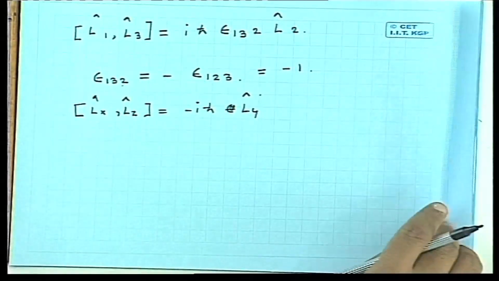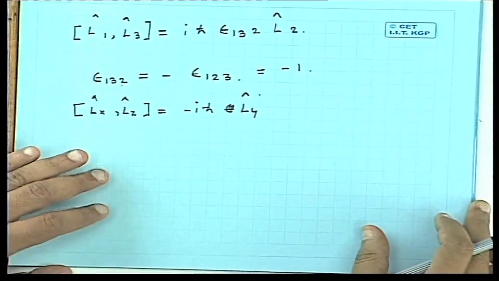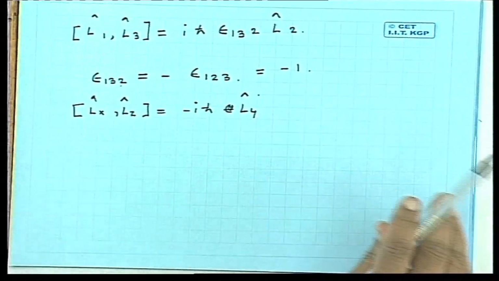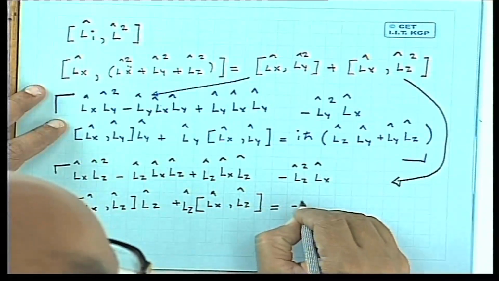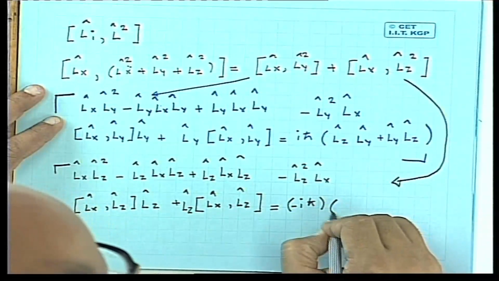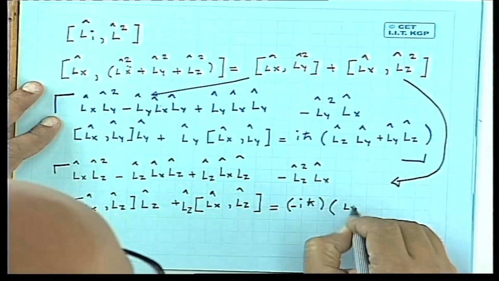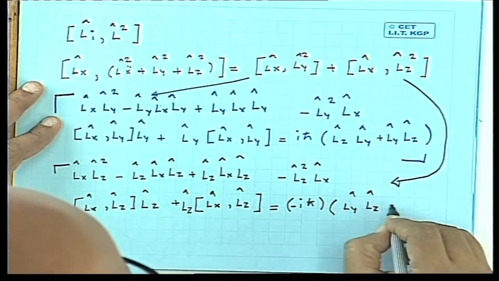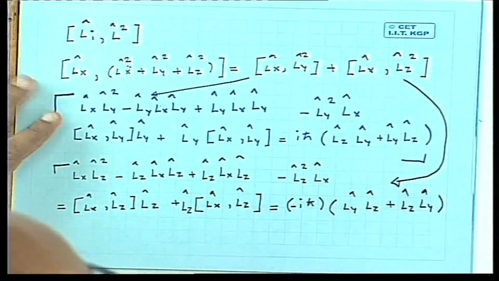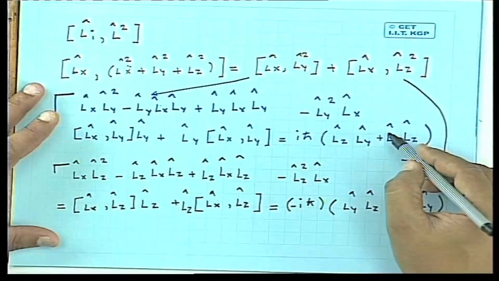Okay. So we plug this back into the expression which we wanted to evaluate. We had encountered this commutator of Lx and Lz, and that turned out to be minus i h cross Ly. So let us plug this back into the relation, and this gives us minus i h cross outside, which is common, and then I have Ly Lz plus Lz Ly, which we see is exactly the minus of the previous term.